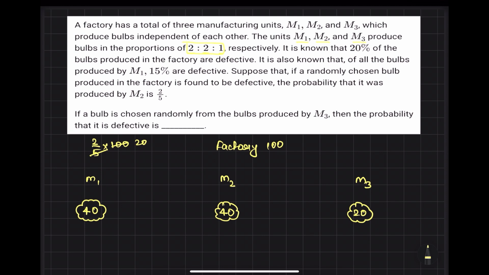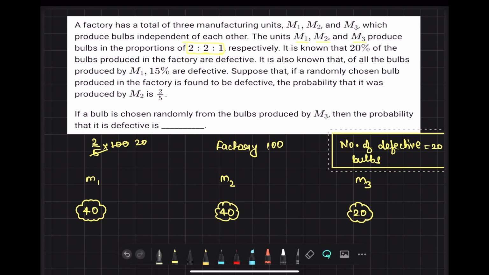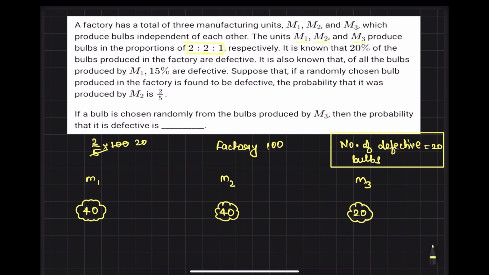So can I say that the total number of defective bulbs is 20, because we have considered only 100 bulbs. So 20% will become 20 bulbs. Now, this is for all in total. They haven't mentioned it is from this or from that. Now look at this.